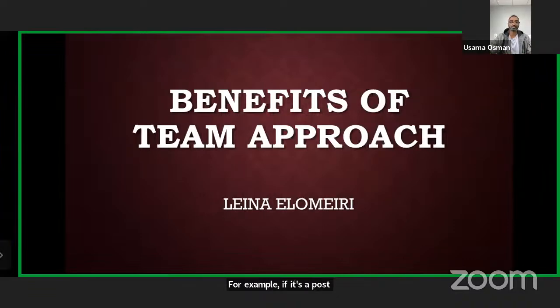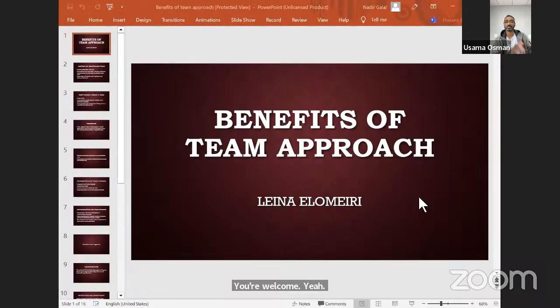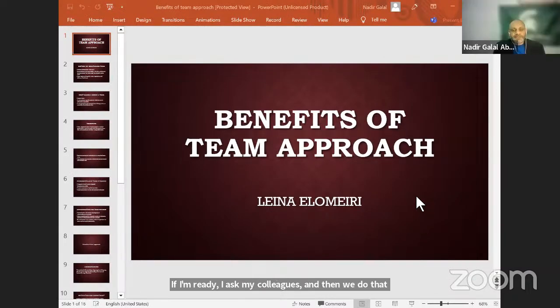Okay. Thank you so much, Dr. Nader. Just one last question. Are there any regular peer reviews, or if I'm ready, do I ask my colleagues and then we do that? The team can work with each other.